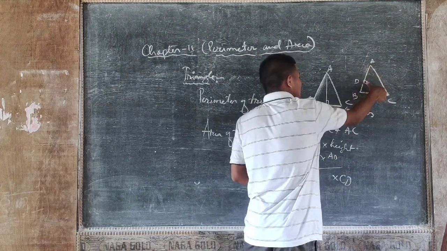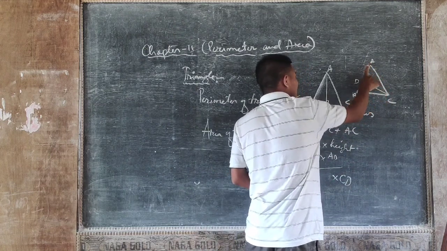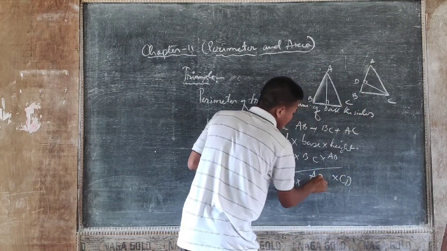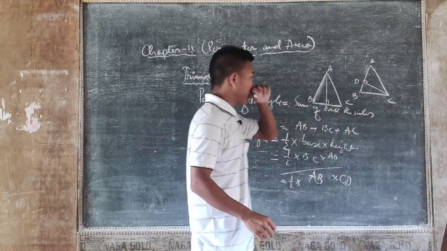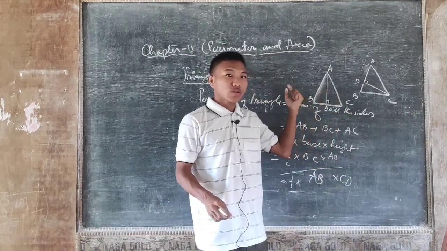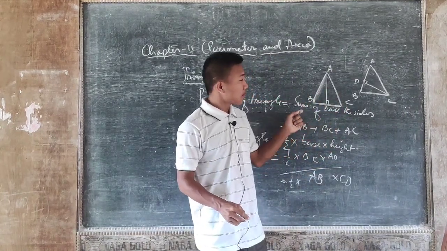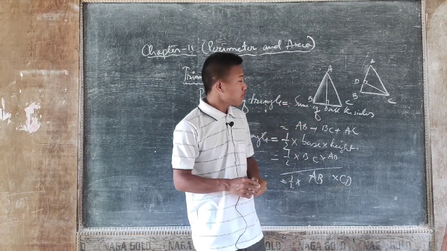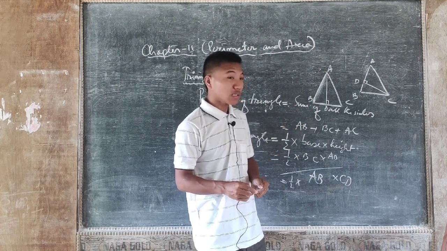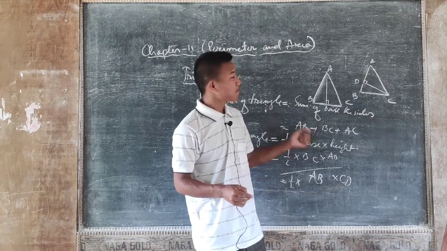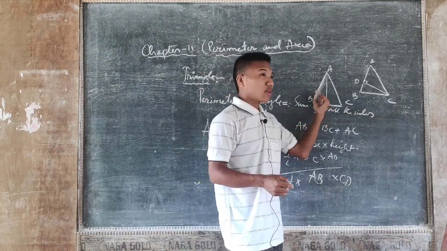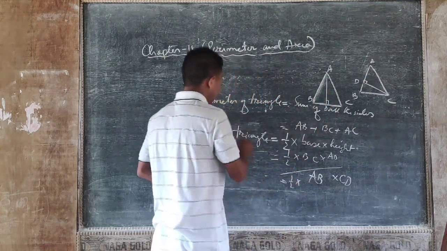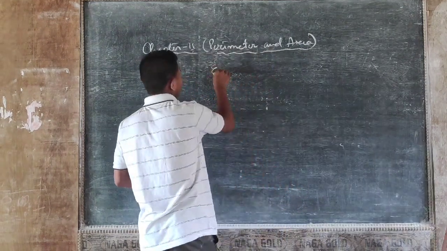See, CD stands on AB side, so this AB will be your base. So remember that the straight line drawn and made 90 degree with any side of the triangle will be called the height, whereas the side on which the height stands will be called the base. Remember that.